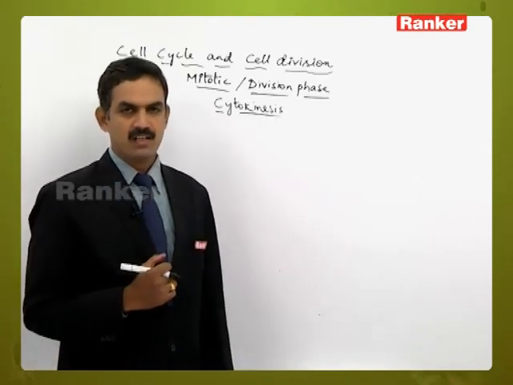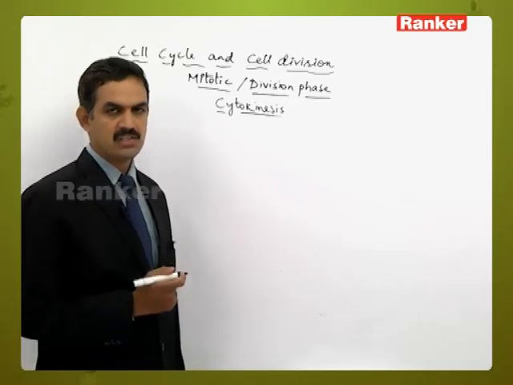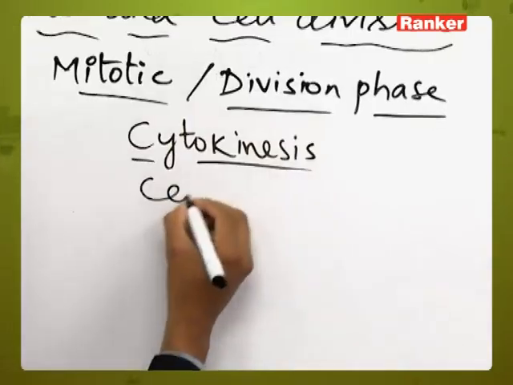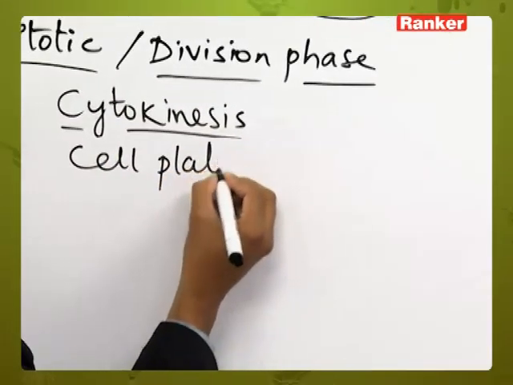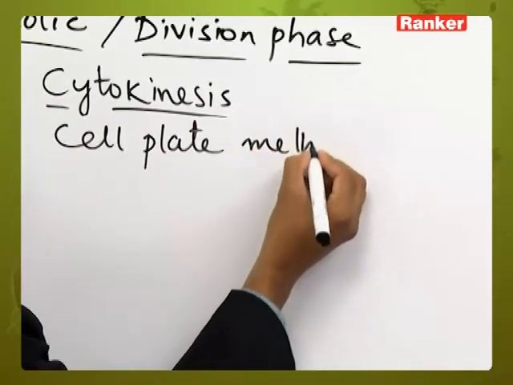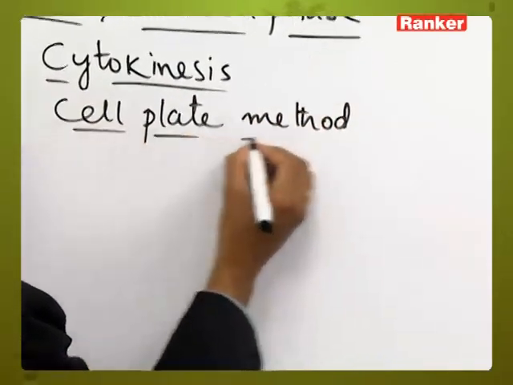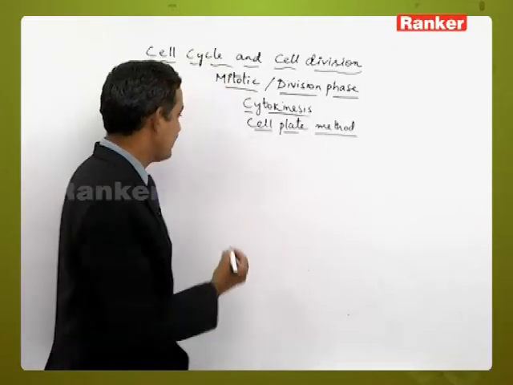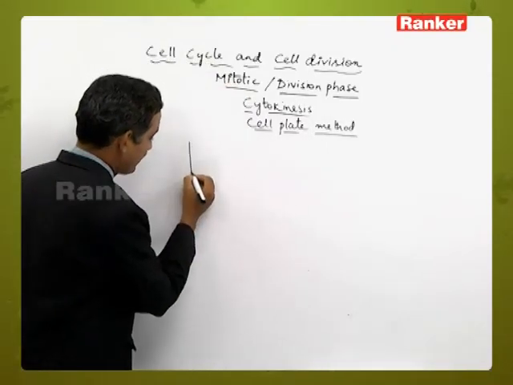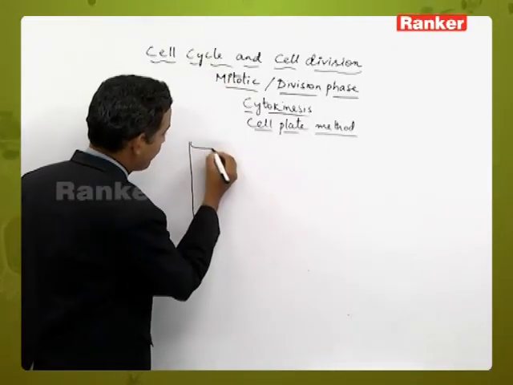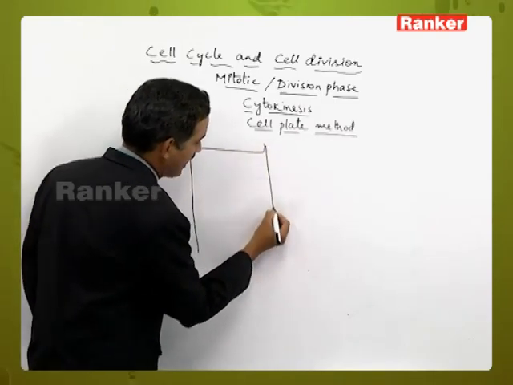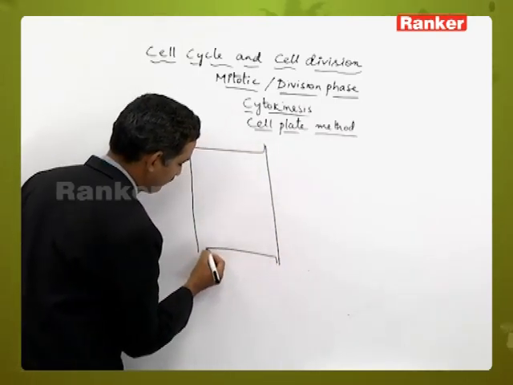The other method of cytokinesis that occurs in cells is the cell plate method. Here, we know that karyokinesis has taken place, so 2 daughter nuclei are present inside the cell.